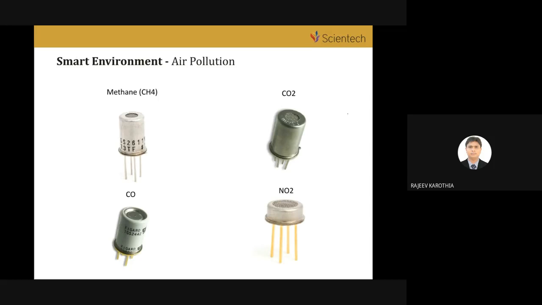Then methane, carbon dioxide, nitrogen dioxide, carbon monoxide, PM 2.5, PM 10, and air quality. With this, you can measure the quality of air in the environment and make an application which gives you the parameters from the environment. You can make one IoT sensor node that collects data from the sensors and relays the data to the cloud.